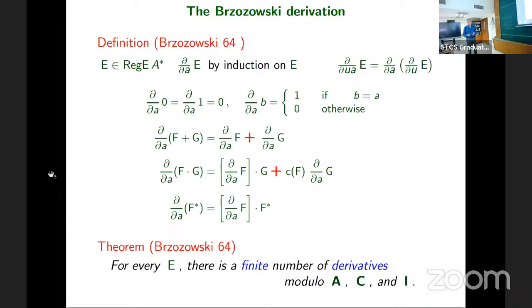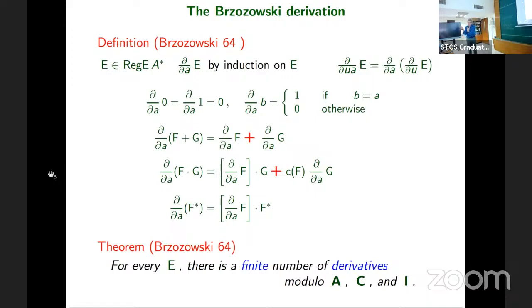Now the point is, you want the set of expressions you get to be finite, and in fact, it's not true. It's not finite. You have to put in some axioms: associativity, commutativity and idempotency of the addition.